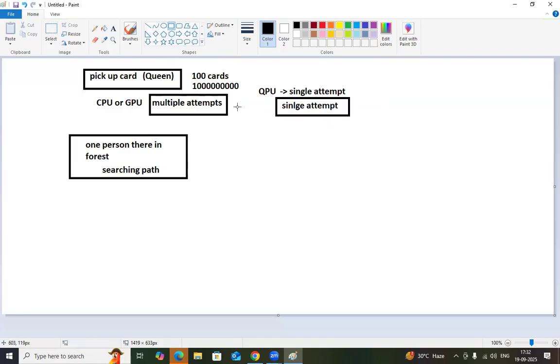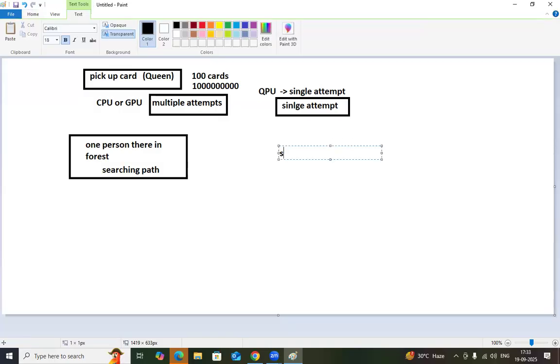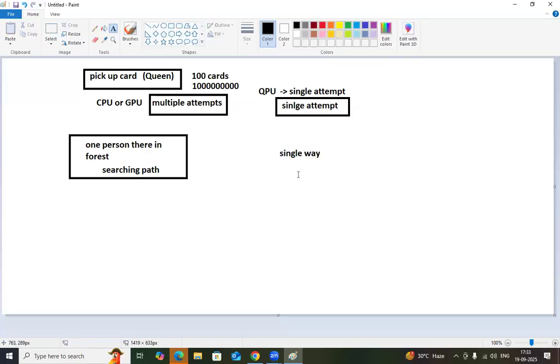Here, in a single attempt, the card is picked up, and here also the person comes out in a single way, straightforward, one way. This is one more simple example.